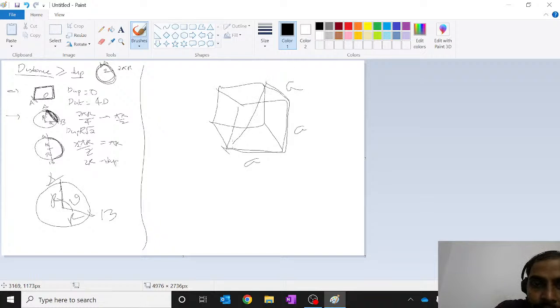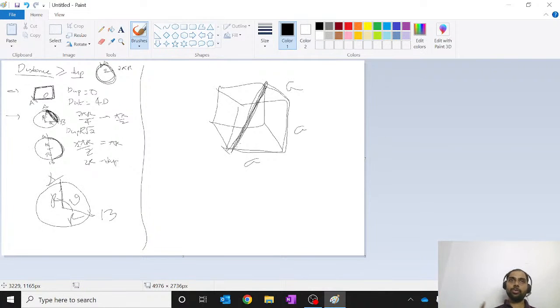But my displacement is nothing but the diagonal of this. Clear? Similarly, in cubes or any other shapes, similar concept. In all these cases, that is how you are going to do it.